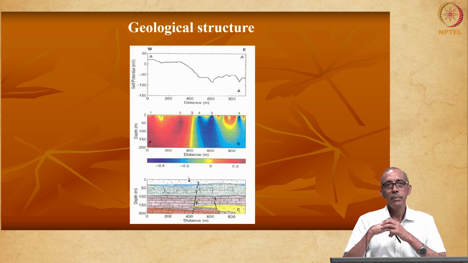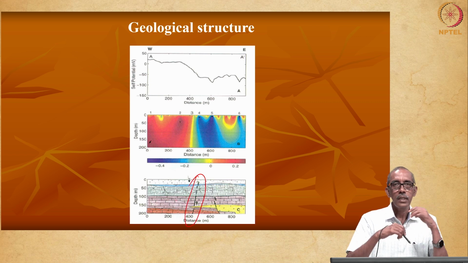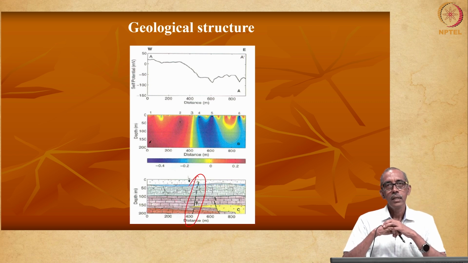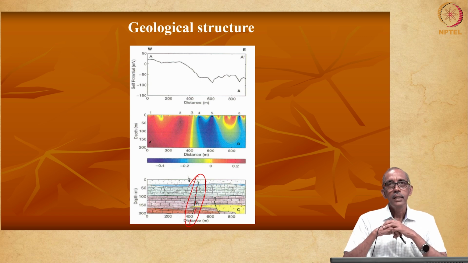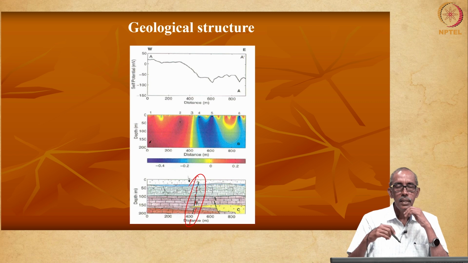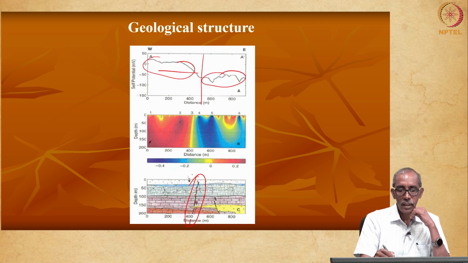Let us look into some applications. How can we understand the presence of a major geological structure below the surface of the earth? So, there is a discontinuity. This discontinuity is picked up by the self-potential method. That means the self-potential on this side is comparatively higher compared to the right-hand side of this discontinuity.